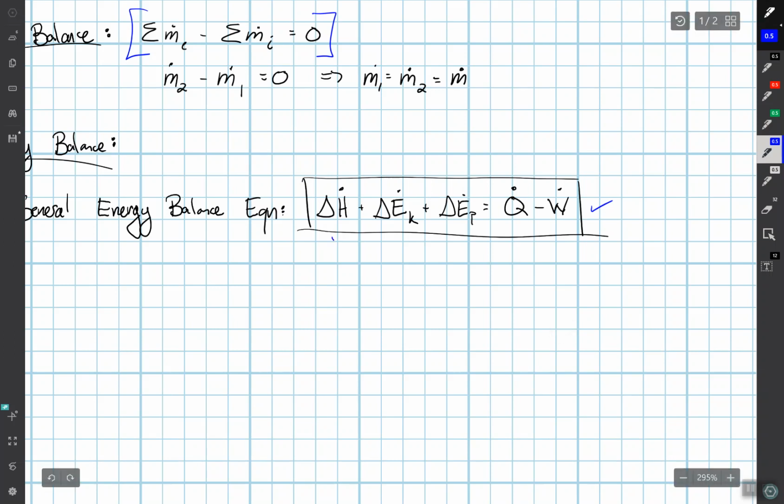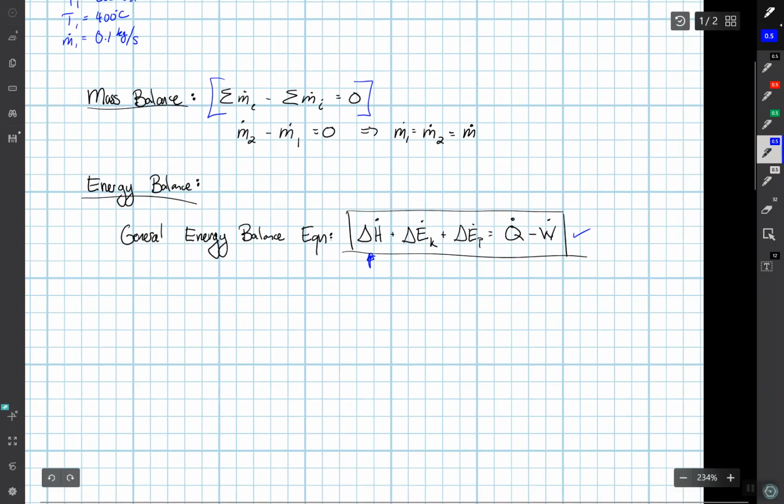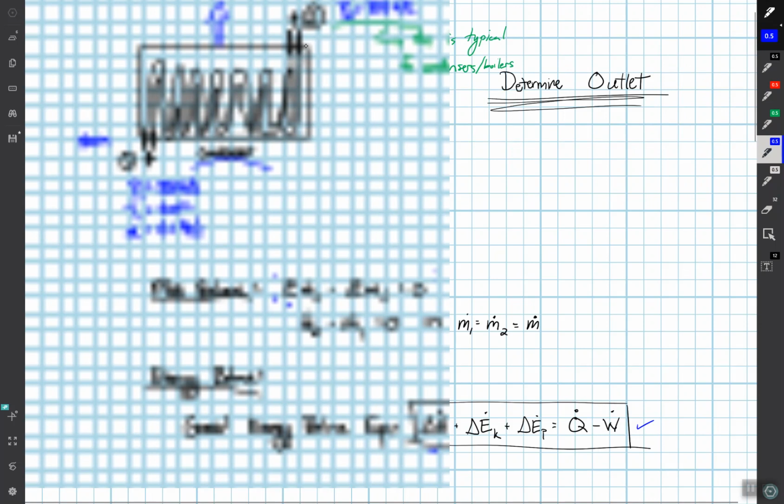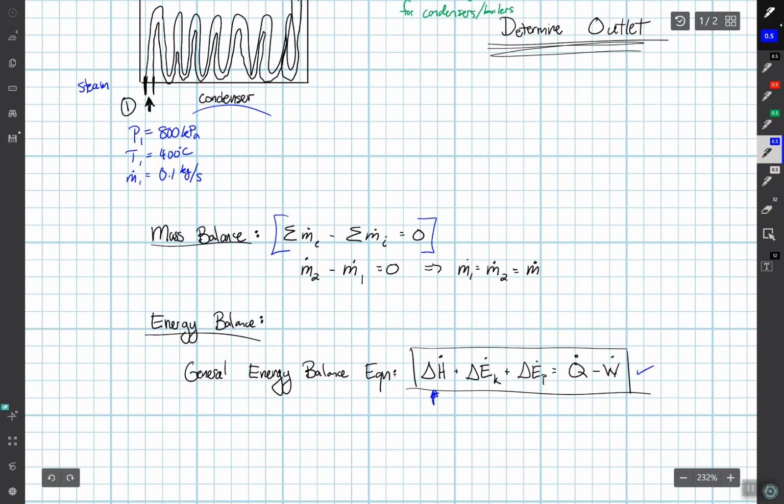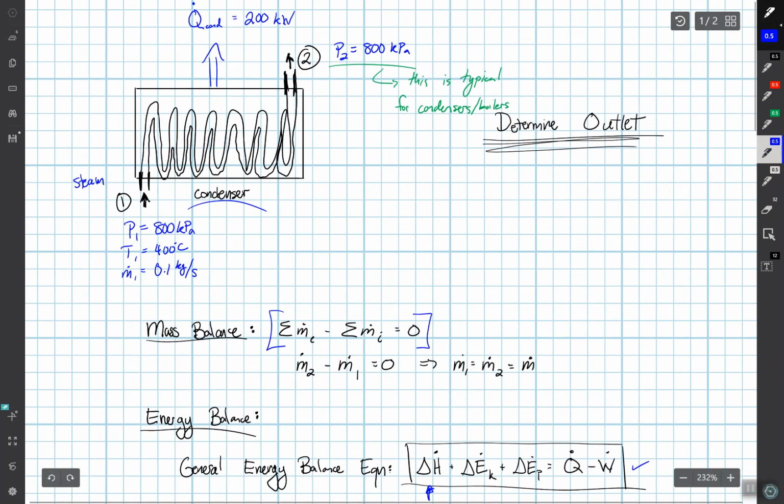So the first term here, delta H. Delta H is the thermal energy of matter. So we have our piece of equipment here. Delta H is saying we have stuff going across the boundaries of our control volume.